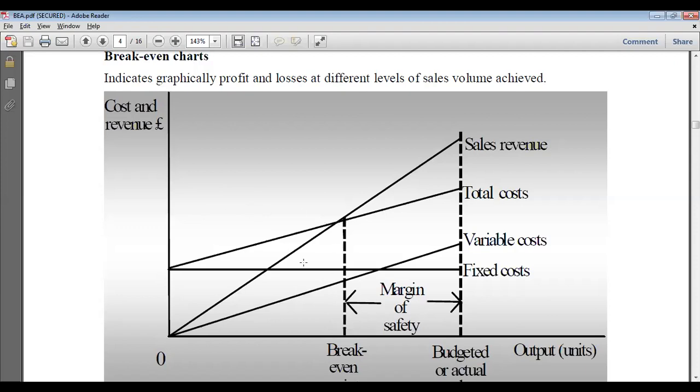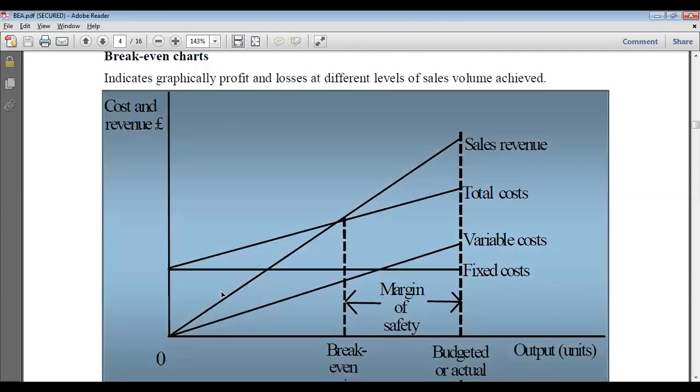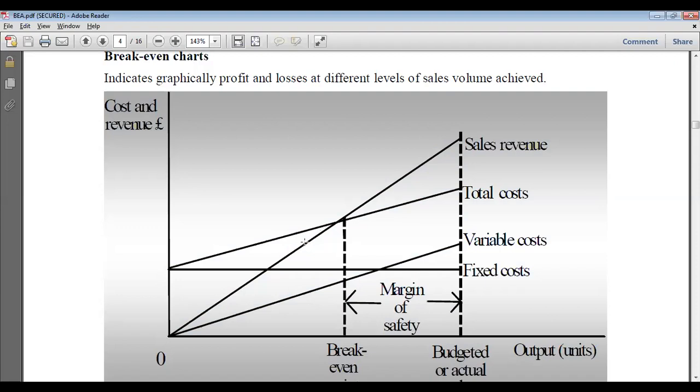Now the region bounded between these two lines below the break-even point is losses. This whole region will depict losses. The area bounded between total cost and total sales below the break-even point is known as losses. Because if we are producing parts less than the break-even number, then we will be suffering losses.